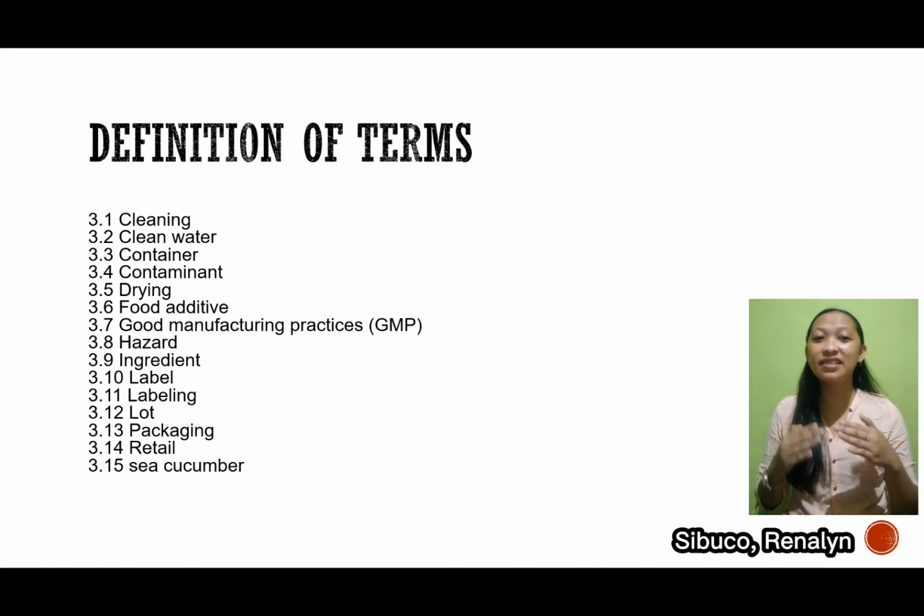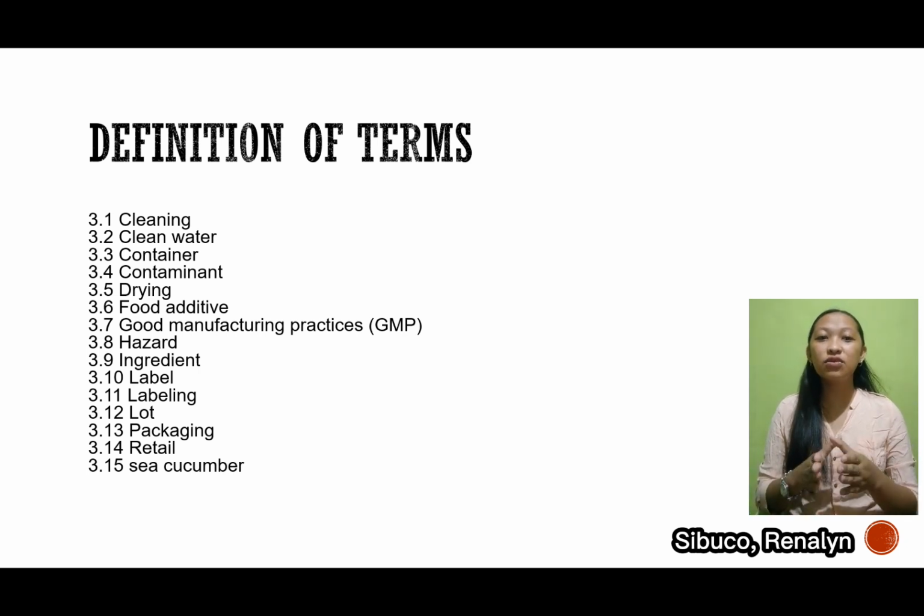Label. Any tag, brand, mark, pictorial, or other descriptive matter written, printed, marked, embossed, or impressed on or attached to a container of food.